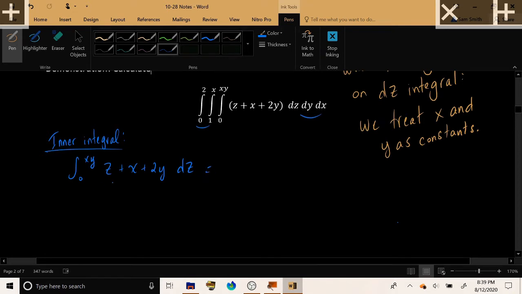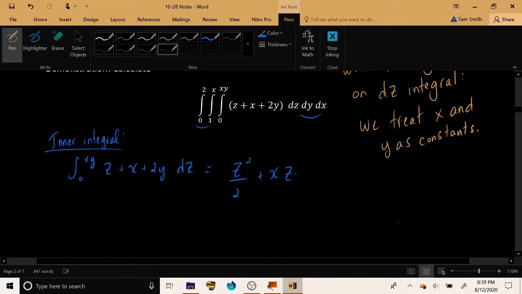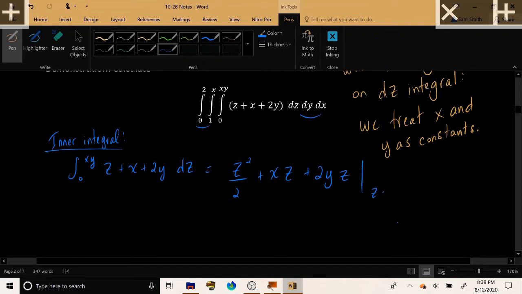Now, if I take the antiderivative with respect to z, one term at a time, z will become z squared over 2. X is just a number, so it will become x times z. And 2y is just a number, and it will become 2y times z. And I'm going to evaluate that from 0 to xy, as z goes from 0 to xy.